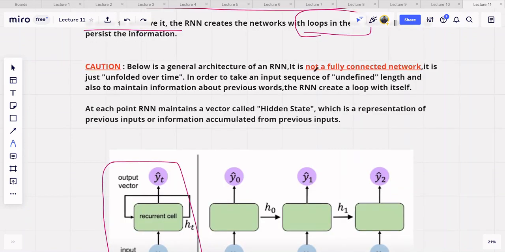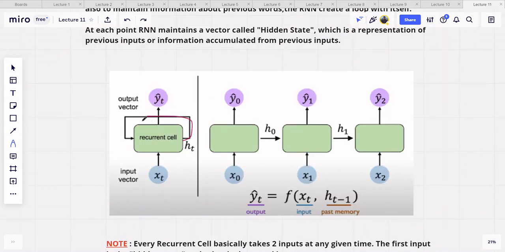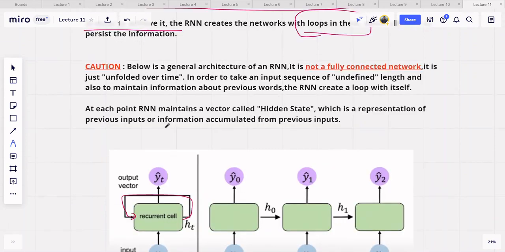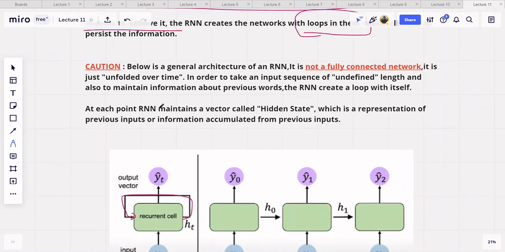Again, a recurrent neural network is not a fully connected layer. It is just folded over time in order to take an input sequence of undefined length and also maintain information about previous words. RNN creates a loop with itself. You can see here, this loop helps the RNN maintain information or context.